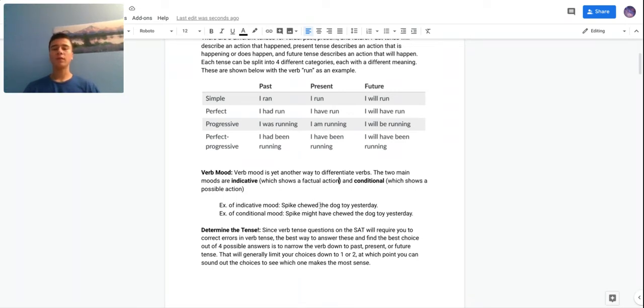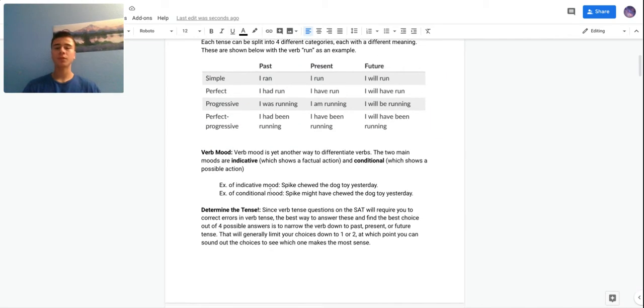Since chewed is factual, it's in indicative mood. Here's an example of conditional mood. Say you left Spike at home with the dog toy. You don't know if he did chew the dog toy, but he might have. So: Spike might have chewed the dog toy yesterday. That's a possible action, so might have chewed is conditional mood. You really don't need to know mood at all, just the tenses, but it's good to know at least some basics of the difference between these two.